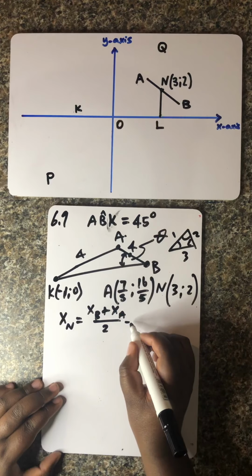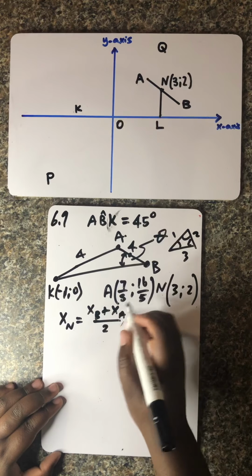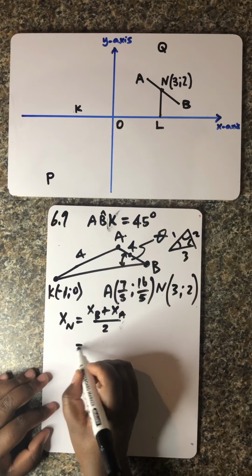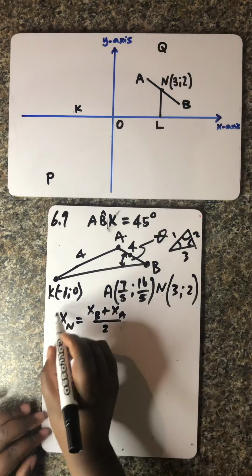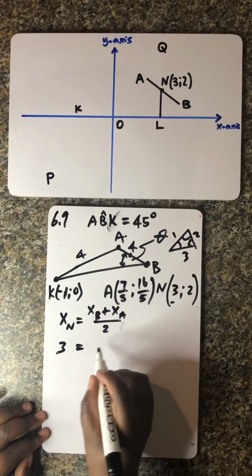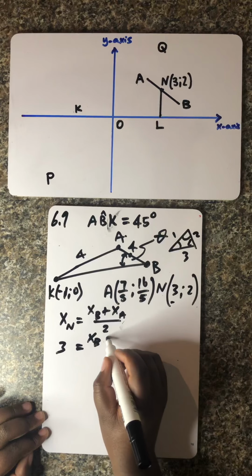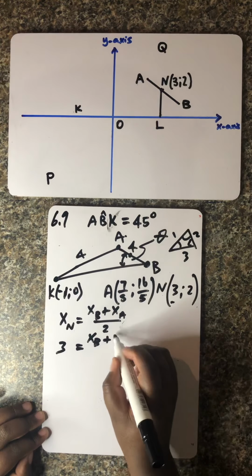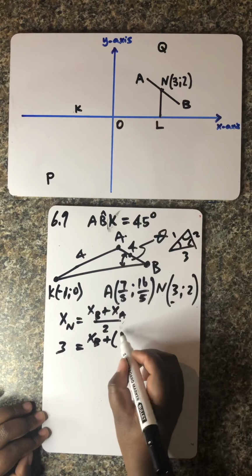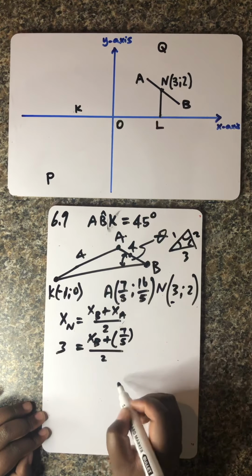I might run out of space, ladies and gentlemen, but let's proceed. I'll remove this information. We know the X value at N is equal to 3. The X value at B is what we want to calculate. Then you add the X value at A. Where is A? There is A, and it's 7/5. All of this divided by 2.